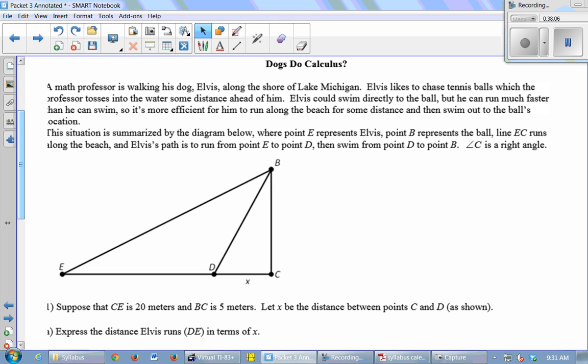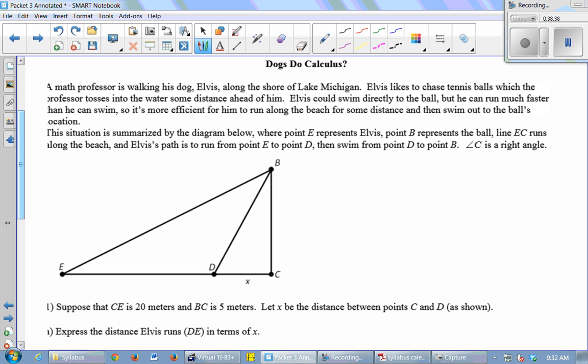Point E represents Elvis. Point B represents the ball. So the shortest distance would be for him to swim directly to the ball, because this is the shoreline right here. And then line EC runs along the beach. And Elvis is going to run from point E to point D and then swim from D to B. Okay, so we want to know how far should he run, right?